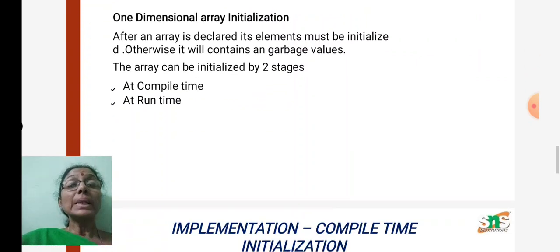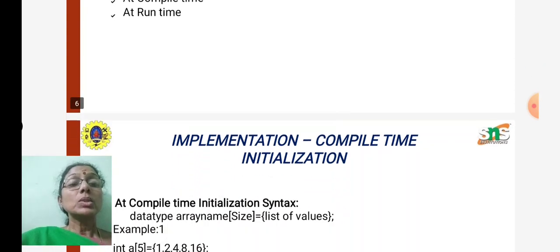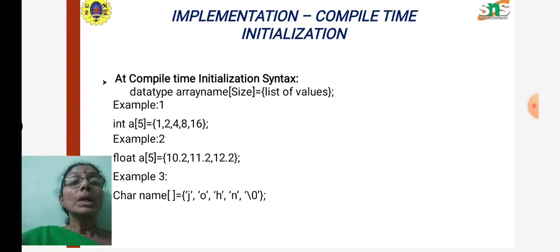Compile time initialization means assigning the value at the compile time itself. Runtime means we can get the value from the user. So this is the implementation code of how you can initialize an array at compile time.